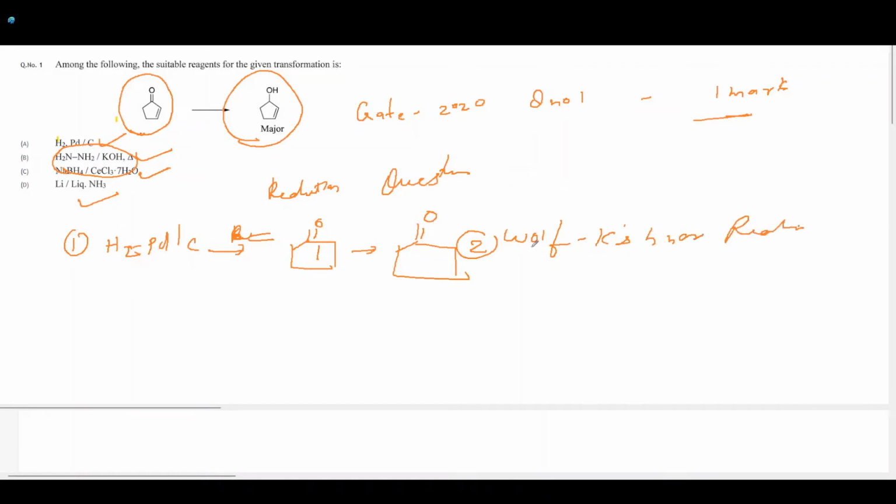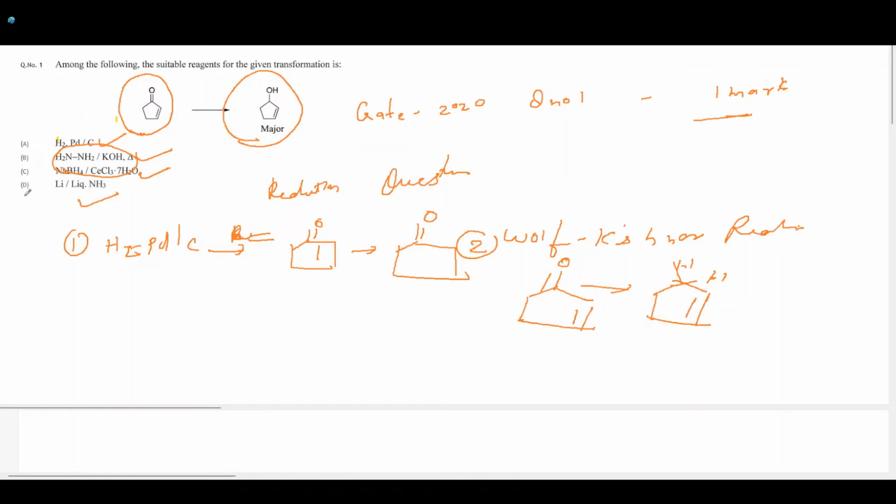In Wolff-Kishner reduction, the carbonyl group is reduced to a hydrocarbon. So it will be like this, H and H, somewhat like this.